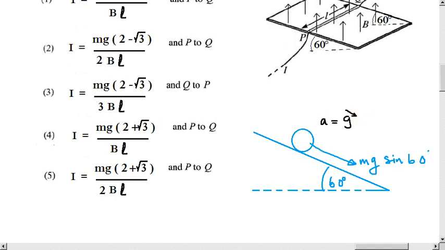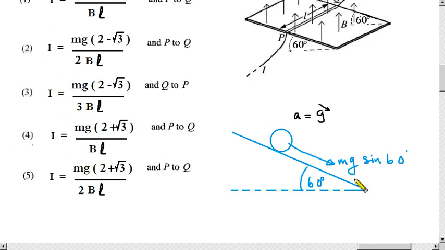So to move downwards we need another force, because this mg sin theta is not enough. Mg sin theta is not enough to move with an acceleration g along the surface. It can move only vertically downwards with an acceleration equal to g, directly. If it is moving along this inclined plane, the acceleration is always less than g.